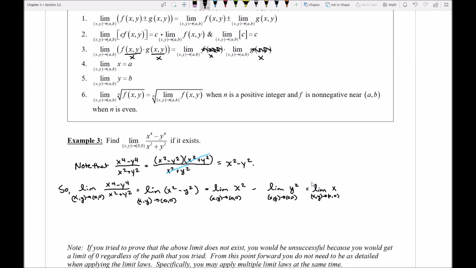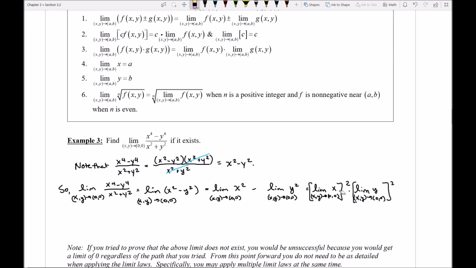For the sake of space, though, notice that if I had two limits that are identical multiplied together, I could just say, and I'm going to square those. Okay. And then I can do the exact same thing for the y. I'm going to have x comma y approaching 0, 0 of just y, and that is all going to end up being squared.